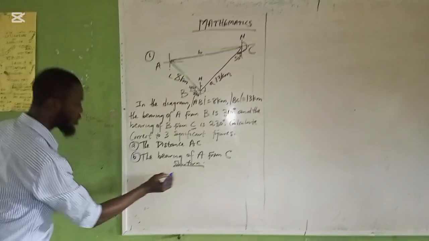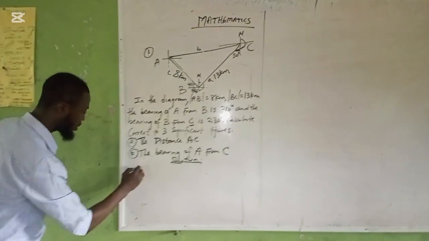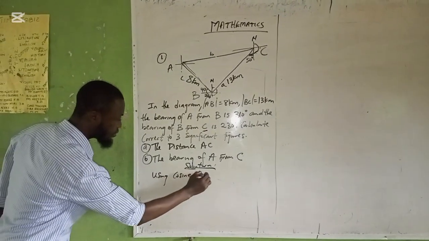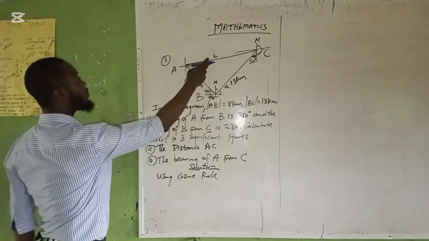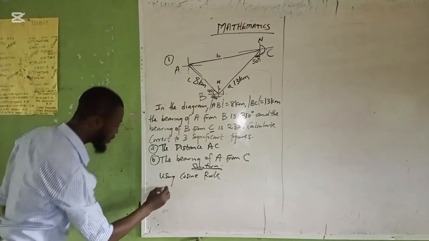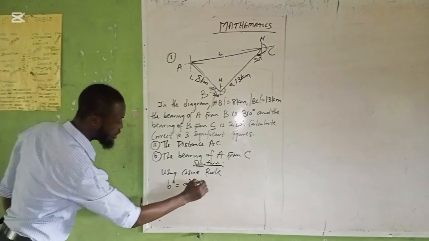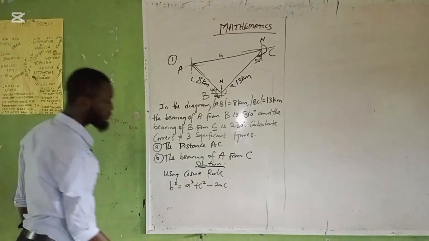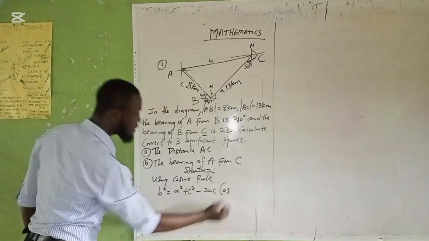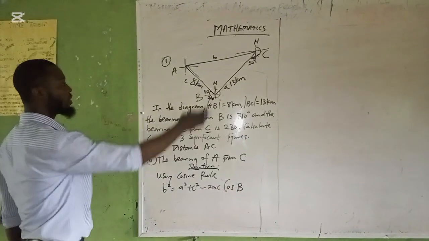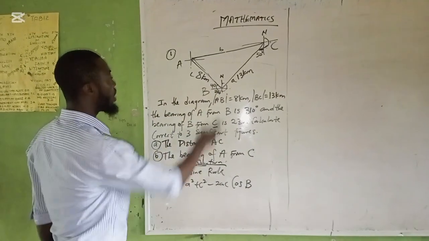So using the cosine rule to solve the distance between A and C, I will have the distance between this place is b. So I have b squared is equal to a squared plus c squared minus 2ac cos B.